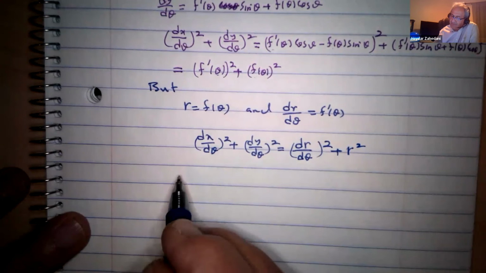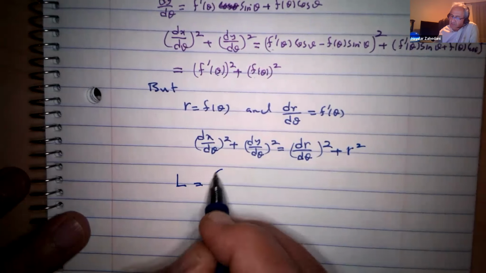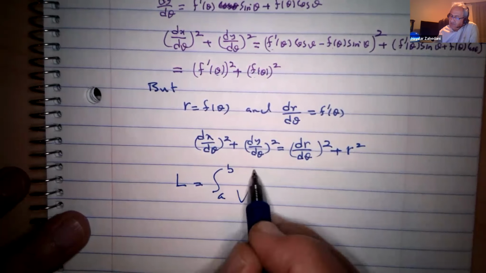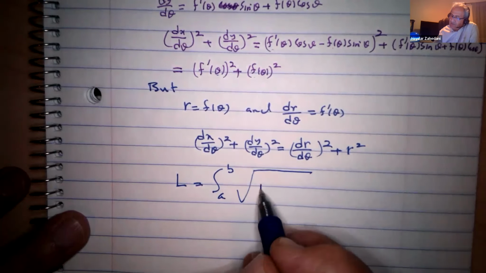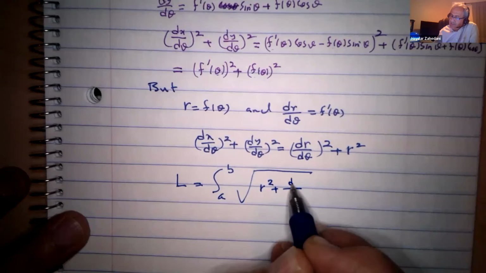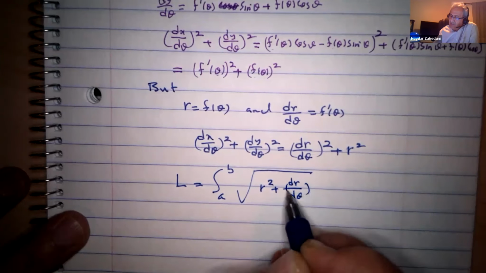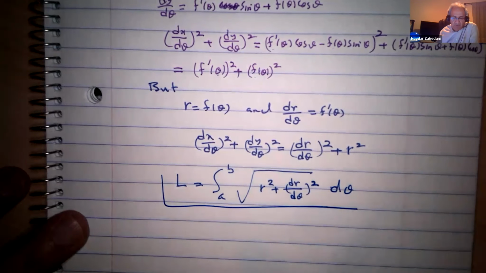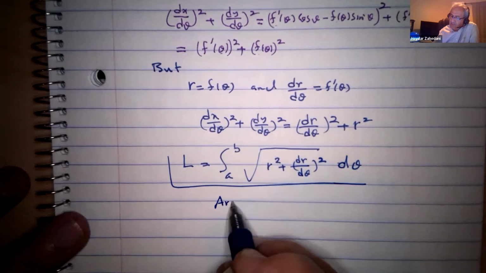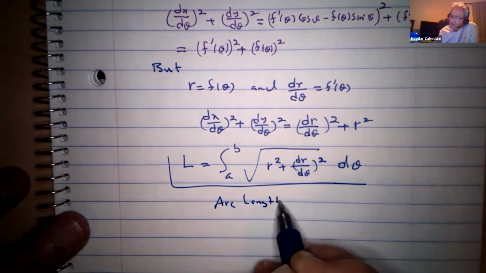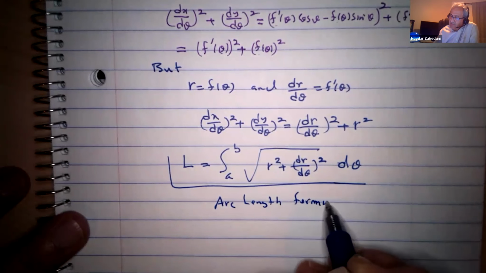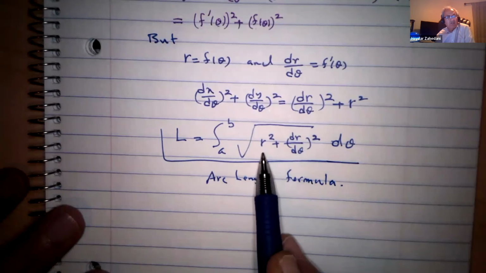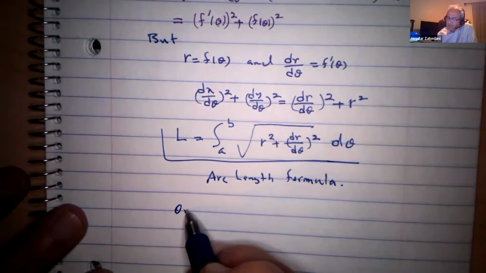So the arc length, L, is going to be the integral from a to b of the square root of r squared plus dr d theta all squared, integrated with respect to theta. So that gives you the arc length formula. The function can be called f of theta, if you like; some people like this format.